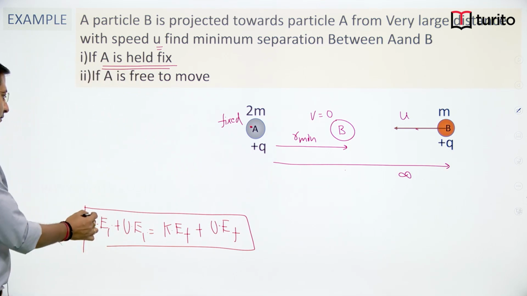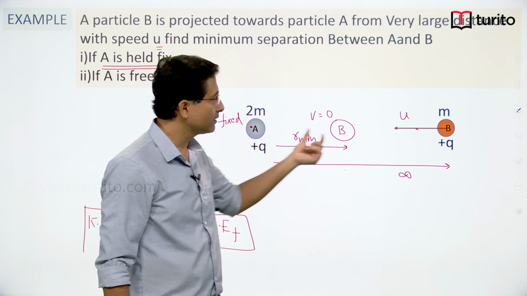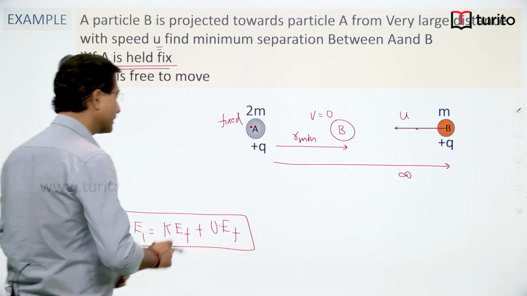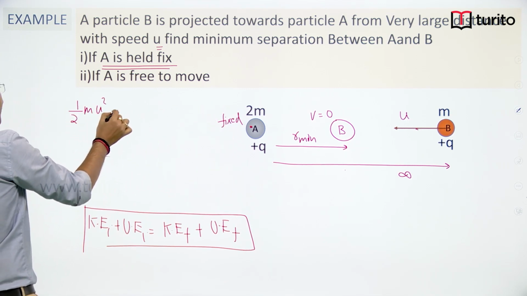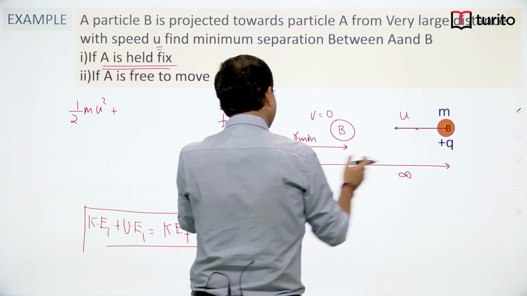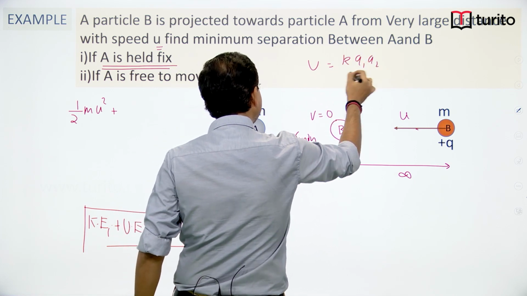Initial kinetic energy: this was held stationary, this was moving with velocity u. So the kinetic energy associated with that mass is half m u square, plus the potential energy when separation is infinity. The potential energy formula is k q1 q2 divided by r.